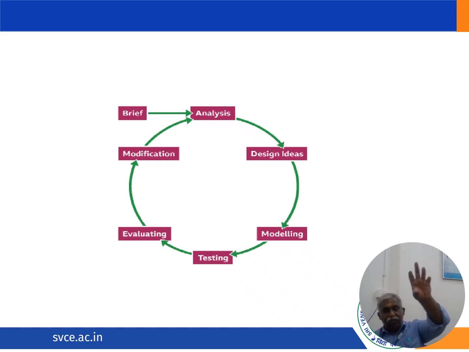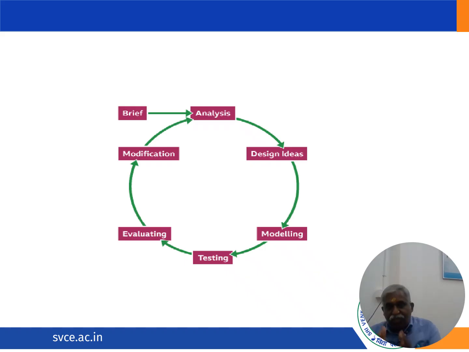First it starts from analysis, then we design the idea, then we have modeling, we have testing. With the testing, we go for evaluation. In the evaluation, we need to understand whether the problem is solved.